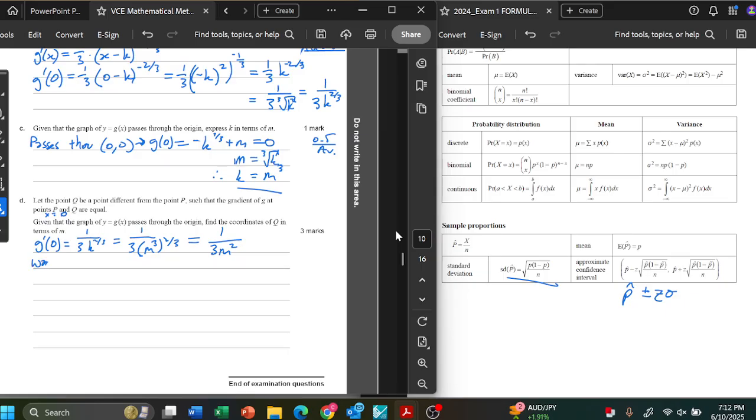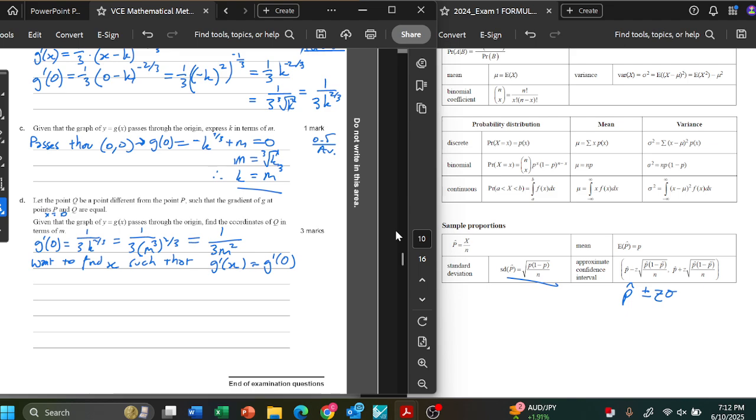So what we want to find here is x such that g dash x is equal to g dash 0.